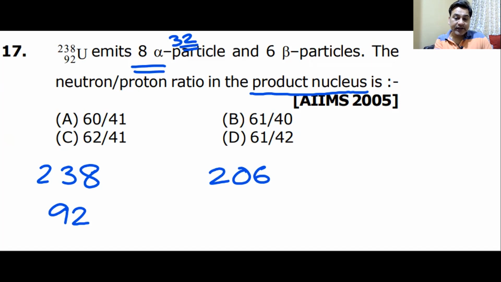beta negative decay? Mass number is constant. Atomic number increases by 1. I hope you are not getting confused, bacha. Are you getting confused?